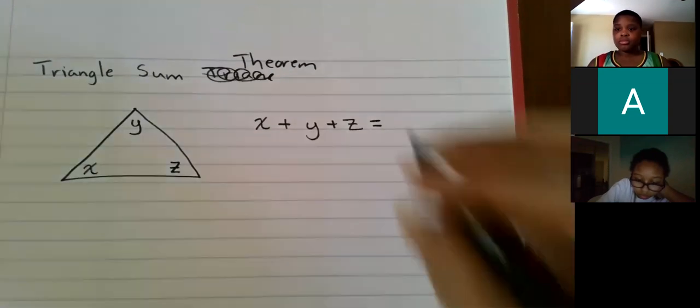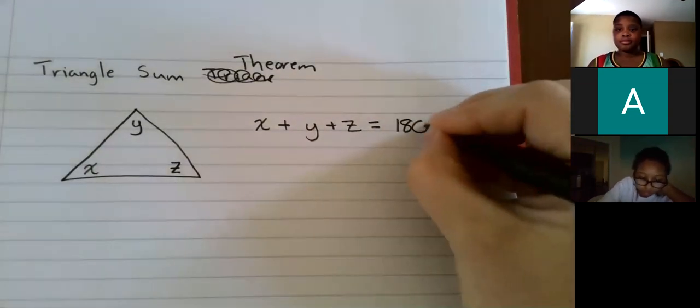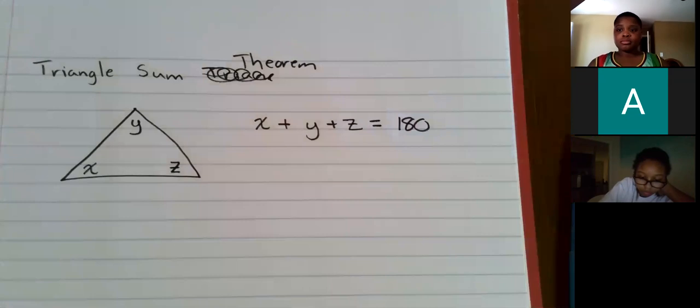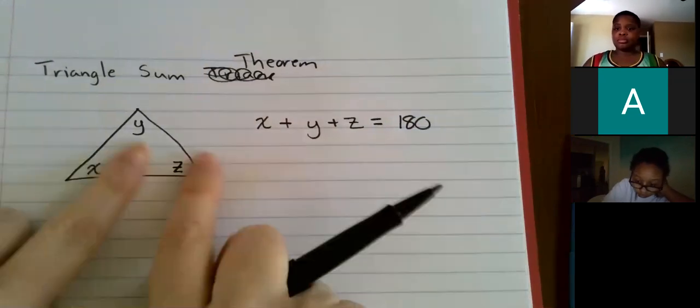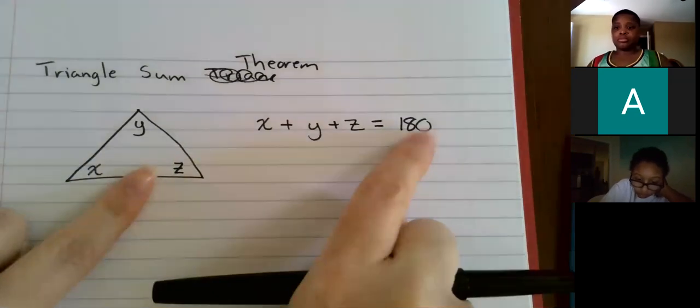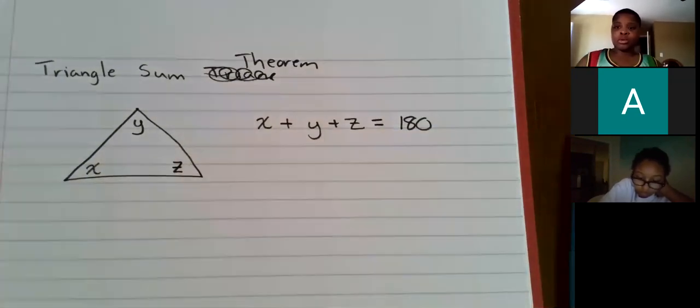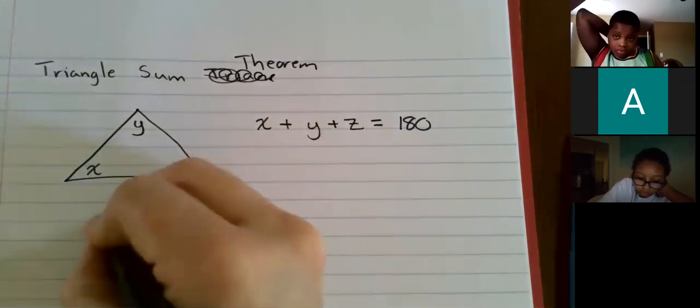180. 180, good. So that's all the triangle sum theorem is telling us, that if you add the angles together, it's going to have to equal 180. No matter what kind of triangle it is, it's always going to be equal to 180. So you might also be solving for a missing angle.